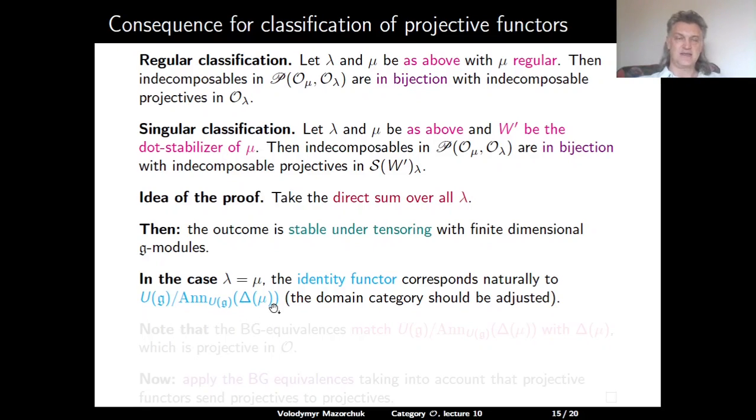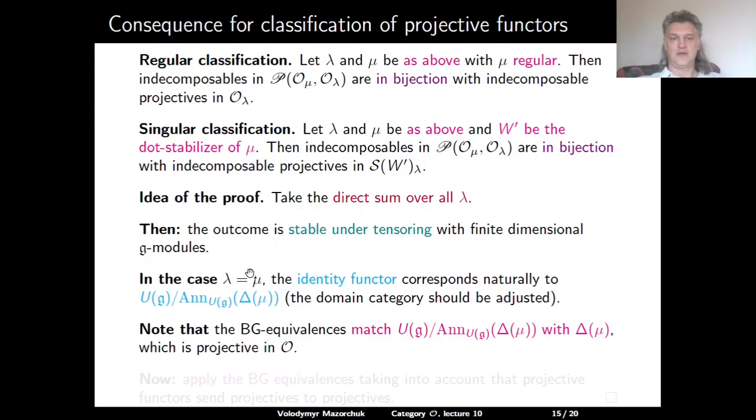So this is an identity functor with a slightly adjusted domain category. The domain category should be adjusted not as a category O, but as a category of modules in O which have central character. And then, using the Bernstein-Gelfand equivalence, it matches this identity functor, or this Harish-Chandra bimodule, with the dominant Verma module, which is also a dominant projective module, delta mu.